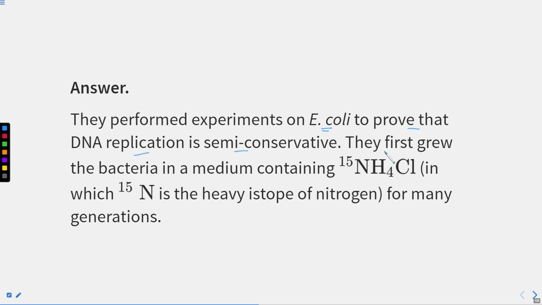First they grew the bacteria in a medium containing N15, the heavy isotope of nitrogen. They used ammonium chloride in which the nitrogen was heavy, and they grew this bacteria for many generations.